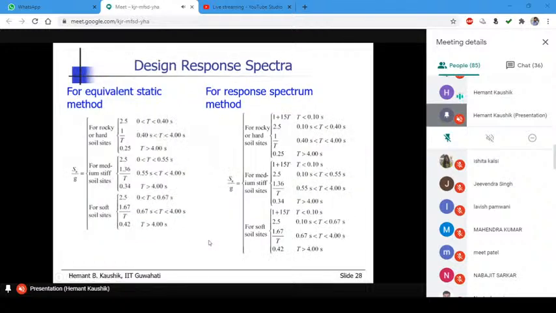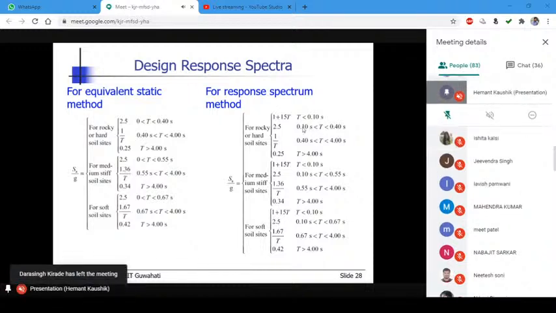So these are the design response spectra values given in the code for rocky strata, for medium stiff soils, and for soft soils. You can see this is for the equivalent static method, and this is for the response spectrum method. For less than 0.1 second, the SA by G is given by this. For time period between 0.1 and 0.4 seconds, SA by G is constant, which is 2.5.